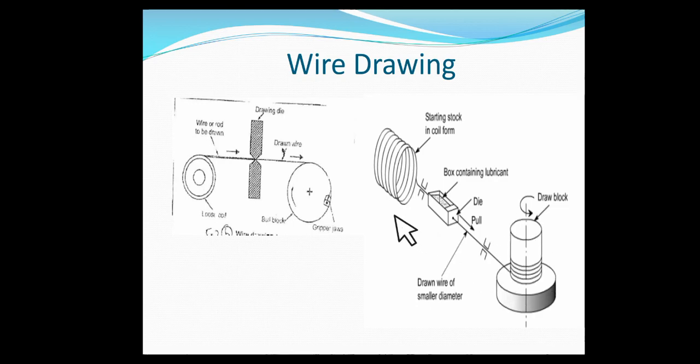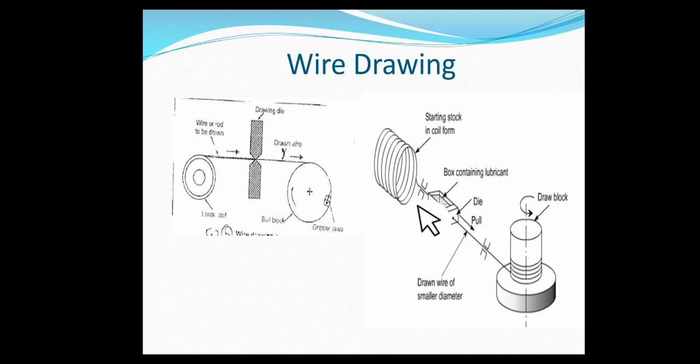So in operation the entry portion of the wire is squeezed or cut to a certain length, then it will be inserted into the box containing the lubricant or the die. See, already you know the function of the lubricant. The function of the lubricant is to reduce the wear between the die surface and the workpiece surface. Clear?